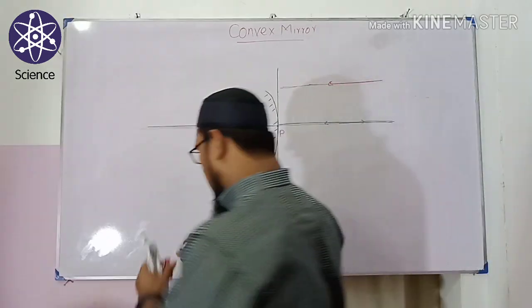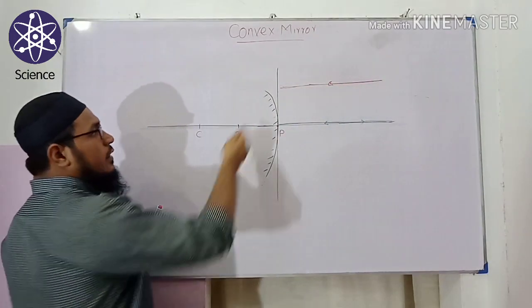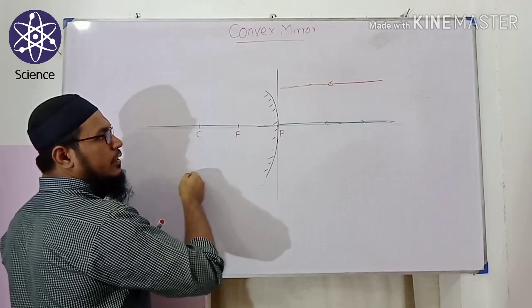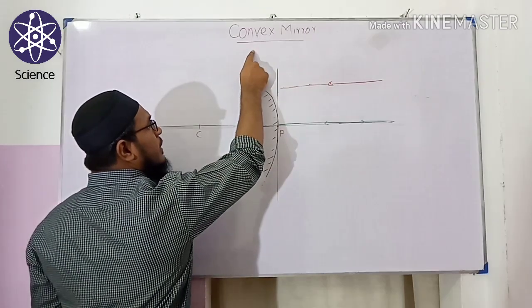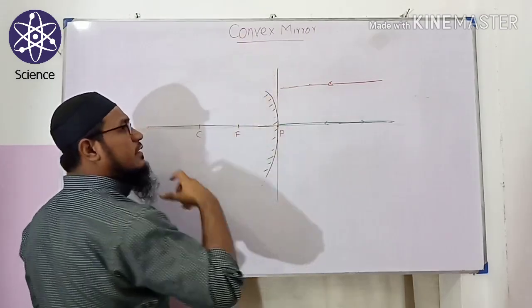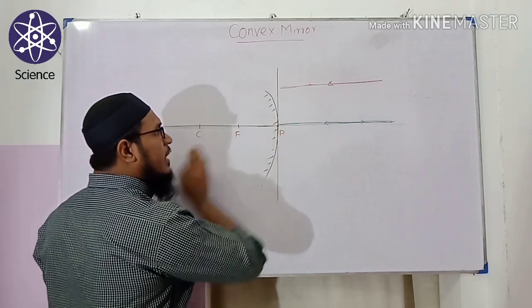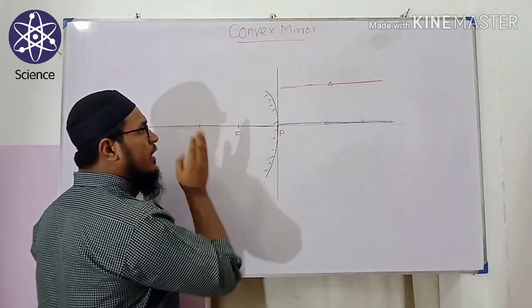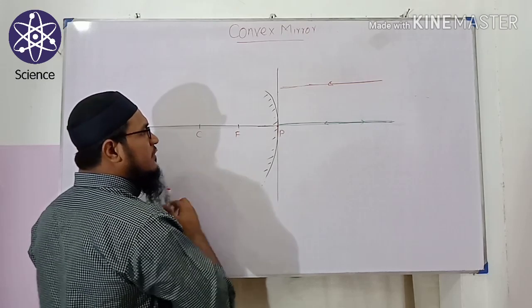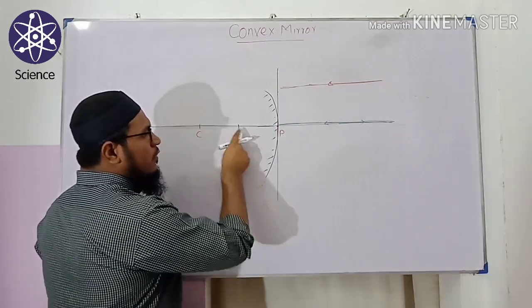We know in a concave mirror it will go through the focal point, but here this is a convex mirror. Convex mirror is a divergent mirror. So what will it do? It will diverge the light ray as if it is emerging from the focal point.